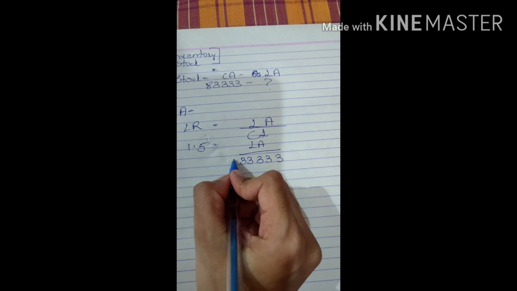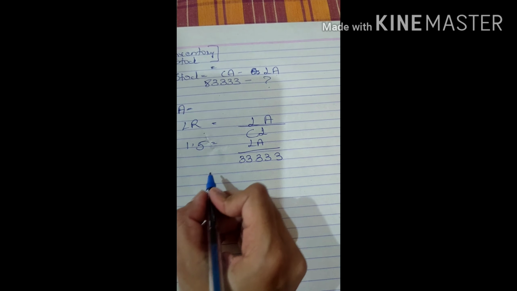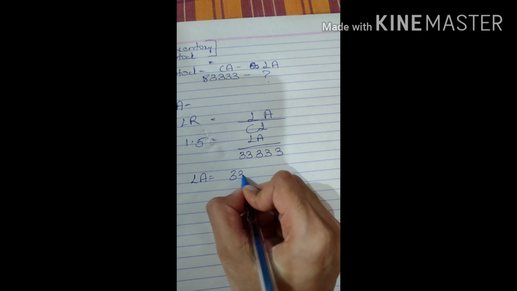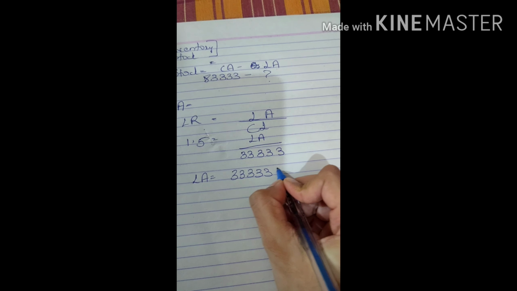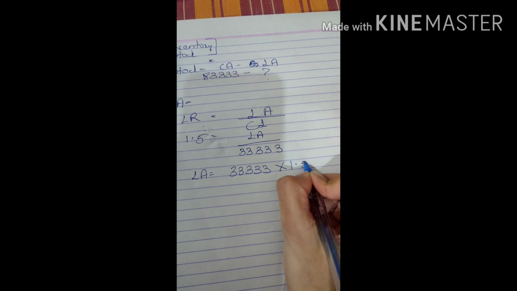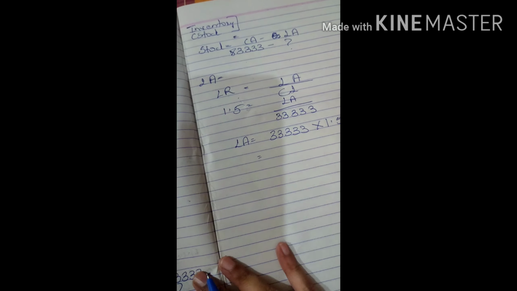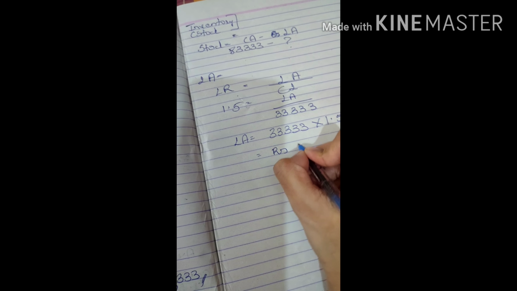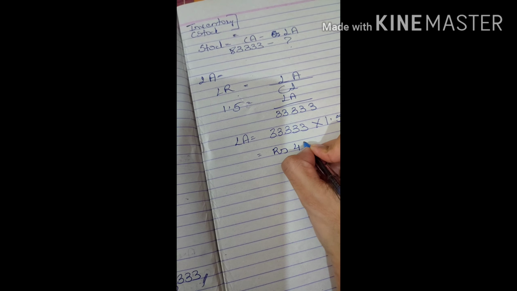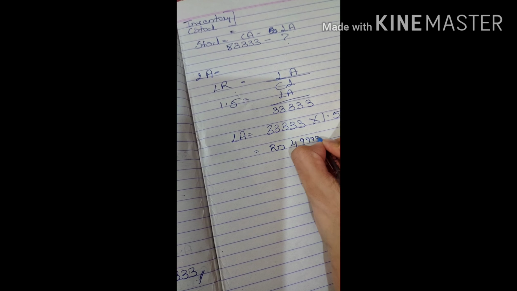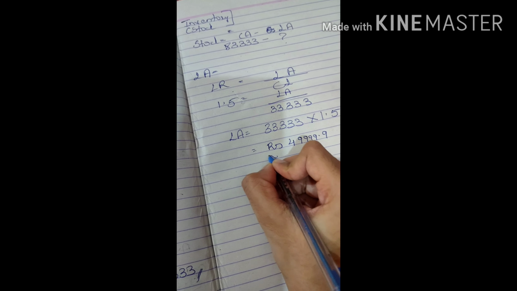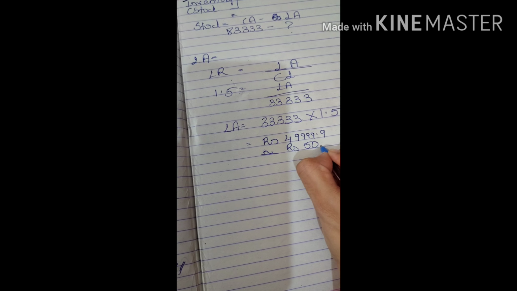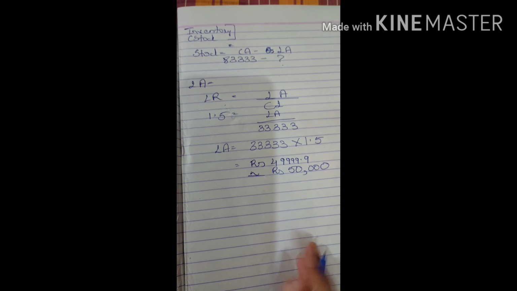So liquid asset will be 33,333 into 1.5, which will amount to rupees 49,999.9. So approximately it will be rupees 50,000.